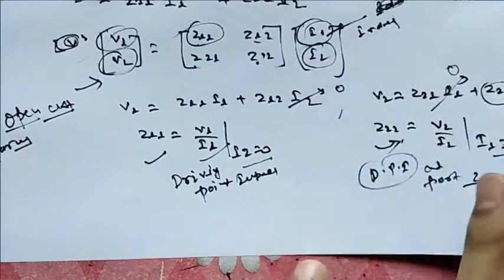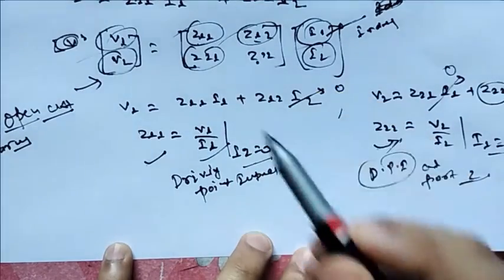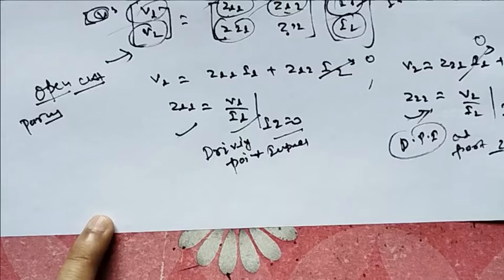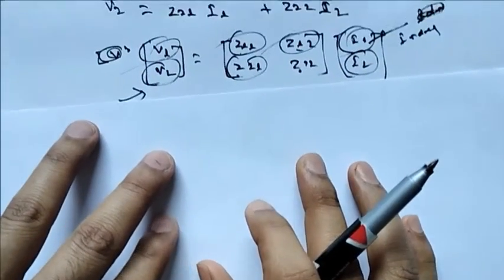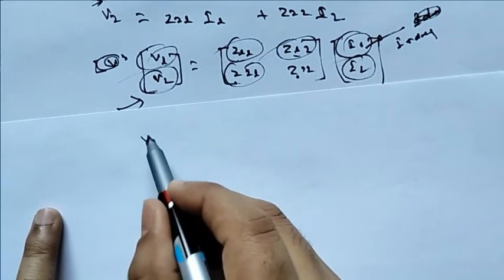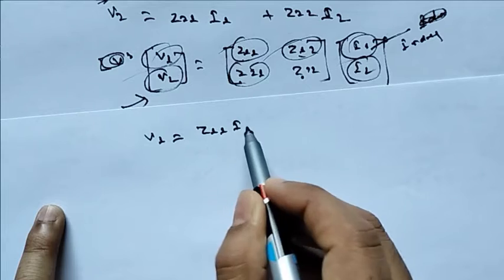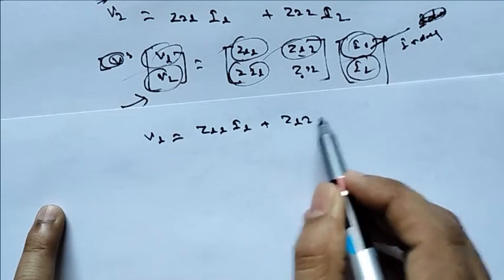Now we are left with Z12 and Z21. Let me write the equation for Z12: V1 is equal to Z11 I1 plus Z12 I2.